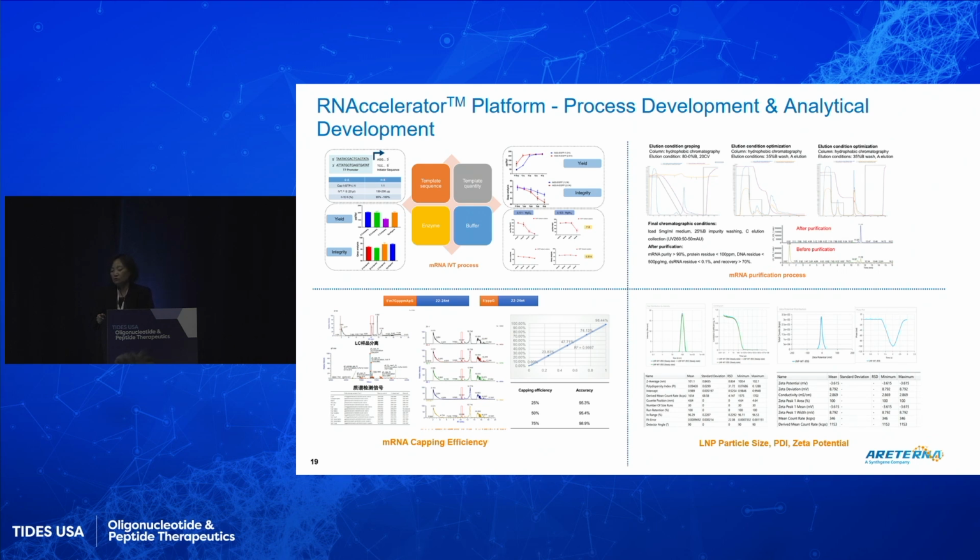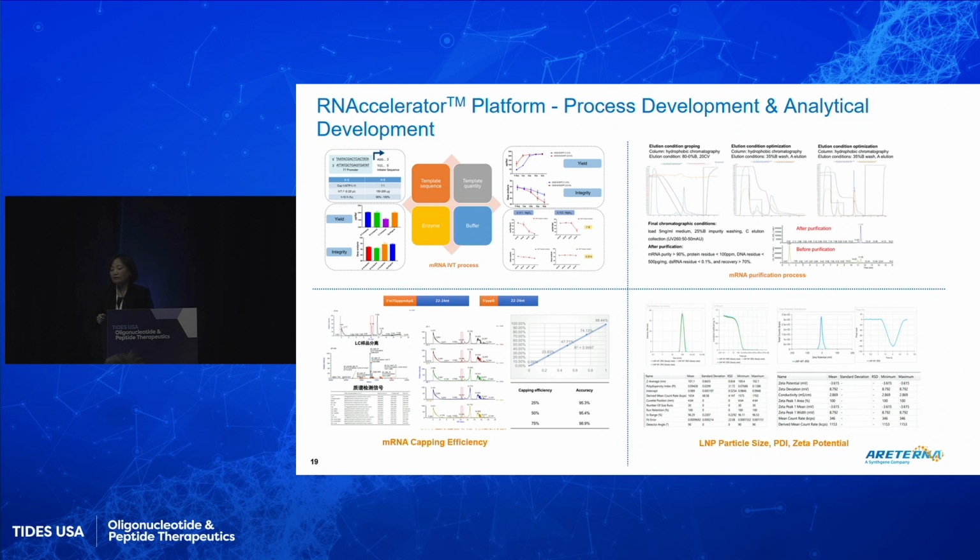We can do DOE, we can try different templates, we can try different IVT conditions to find the best IVT condition for a particular molecule. And then on the right-hand side are different TFF conditions, which are downstream purification processes. The bottom panels are analytical testing capabilities.